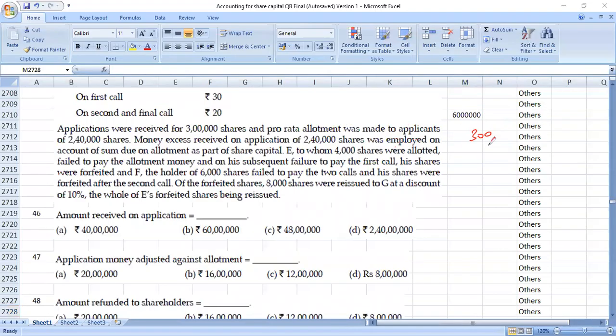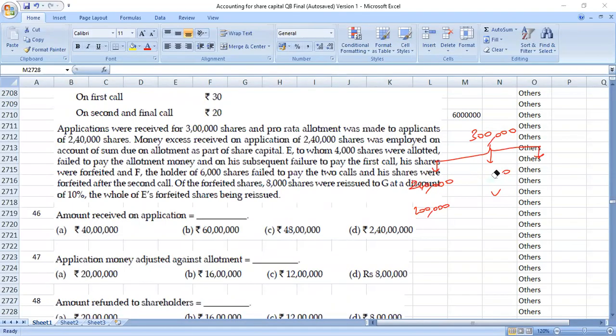3 lakh applications வந்திருக்கு. எப்பவுமே pro rata allotment and full allotment நடந்துச்சு அப்படின்னா, do this exercise. Pro rata allotment was made to applicants of 2,40,000 shares. In the 3 lakh, 2,40,000 applicants-கு வந்து 2 lakh shares pro rata allot பண்ணிட்டாங்க, which means 60,000 applications have been rejected. Reject பண்ணா அந்த பணத்தை refund பண்ணிடுவாங்க.